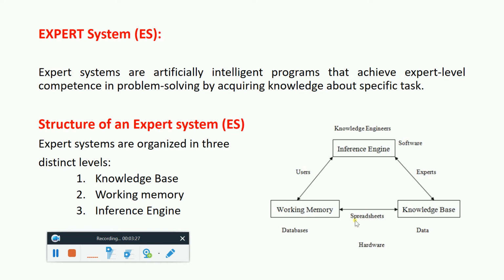So this working memory is the dynamic module of the system. The task-specific set of rules is generally stored in the rule base. So there is a workspace in this working memory. That workspace has a rule base, and that rule base actually consists of the set of rules.